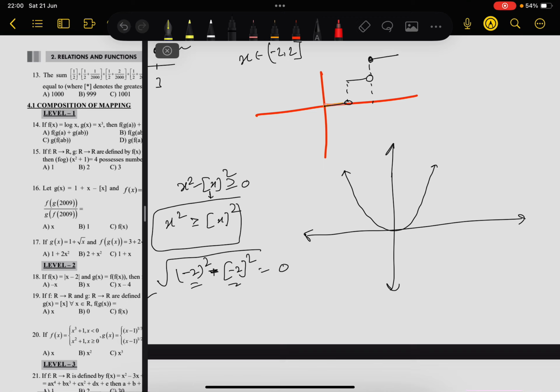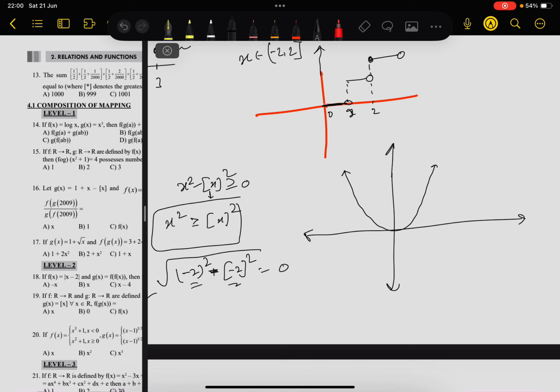This is the graph of box x, right? Now if we take the square of these values, the square between 0 to 1, you will get 0, square of 0 is 0.